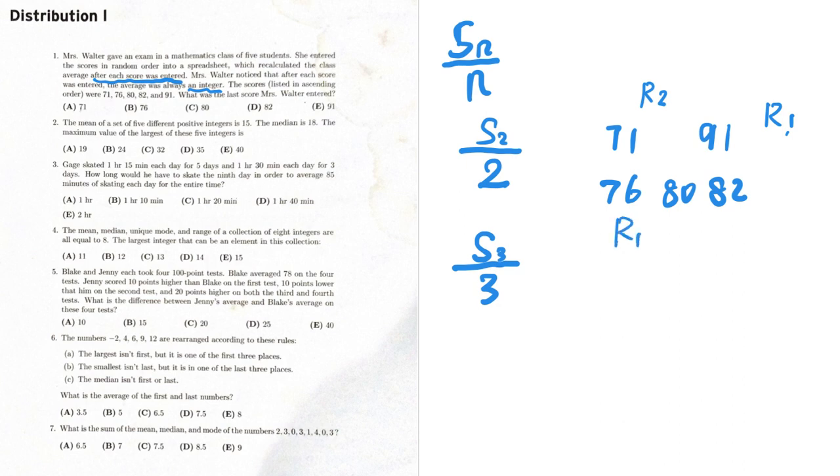The divisibility rule for 3 is that the sum of the digits is divisible by 3. So 7 plus 6 is 13, divided by 3, remainder 1. And 80 divided by 3, remainder 2. And 82 divided by 3, 2 plus 8 is 10, remainder 1.